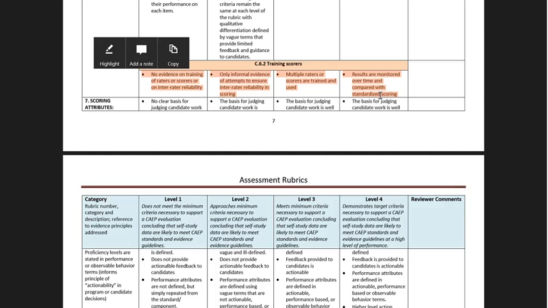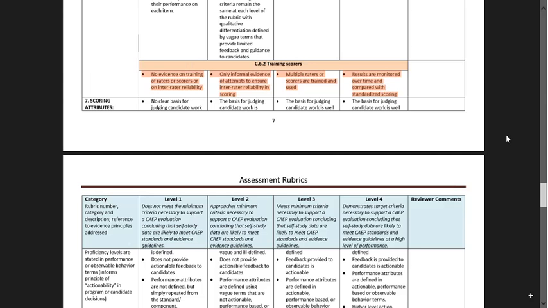So one of the training sessions could be just about one's own personal, professional, or even societal expectations that interfere with our ability to provide an objective evaluation of the candidate's performance. And that too is where our scoring rubrics come into play.